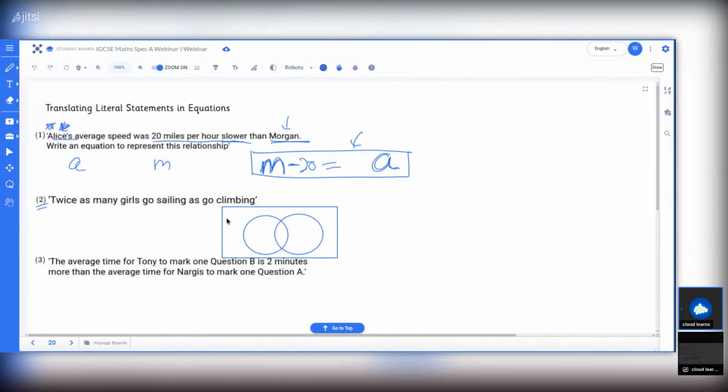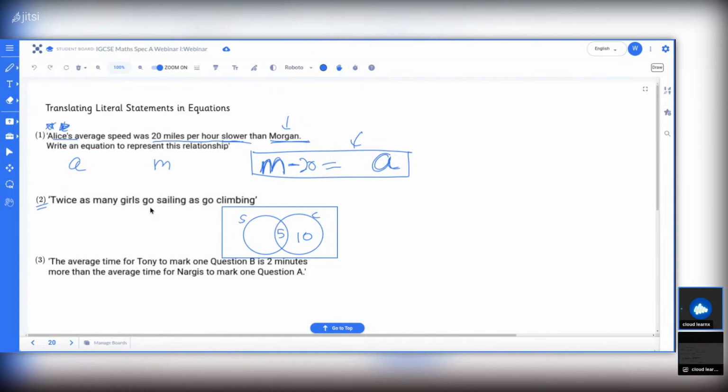And so let's say sailing, climbing, and then you have 5, and 10. Okay, so sailing, twice as many. Let me say this is 10, right?